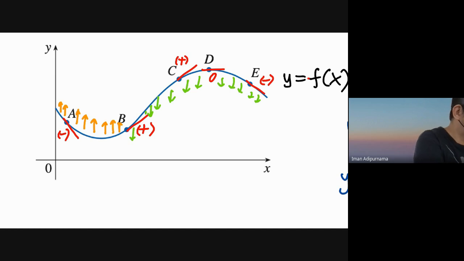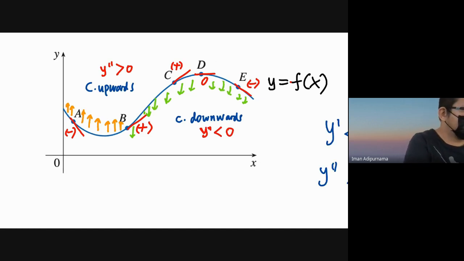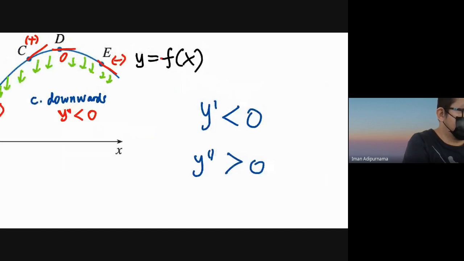So first it is concave upwards, and second is concave downwards. Concave upwards is determined by y double prime positive, and concave downwards by y double prime negative.